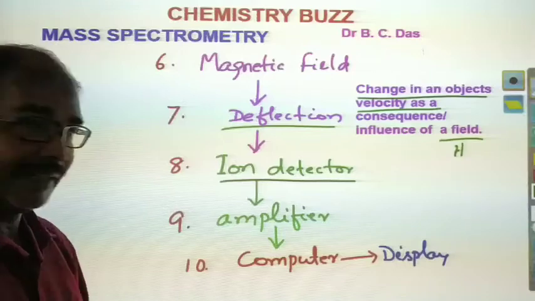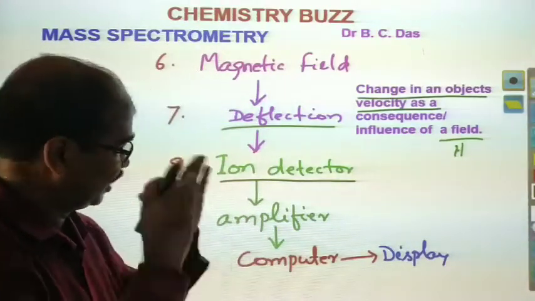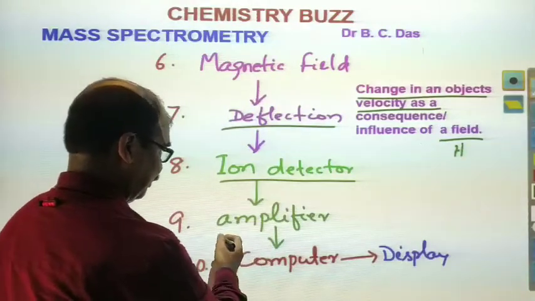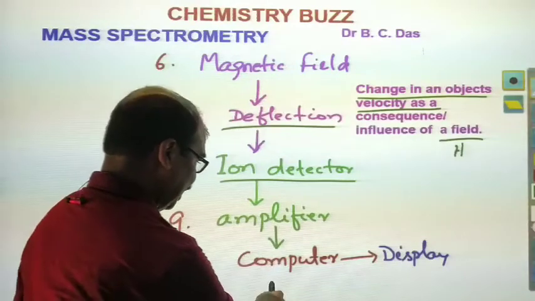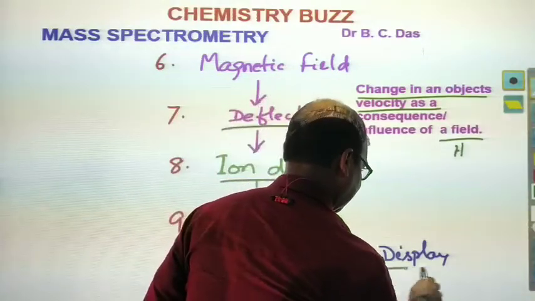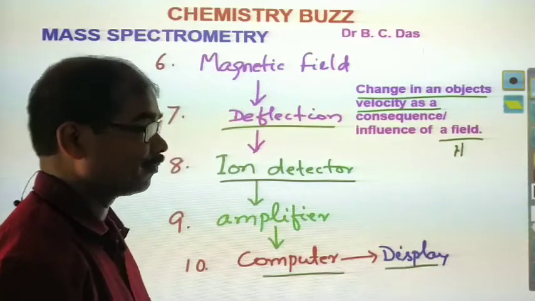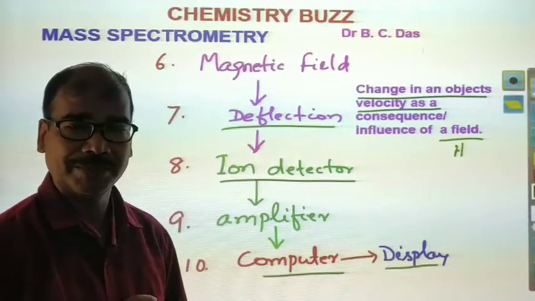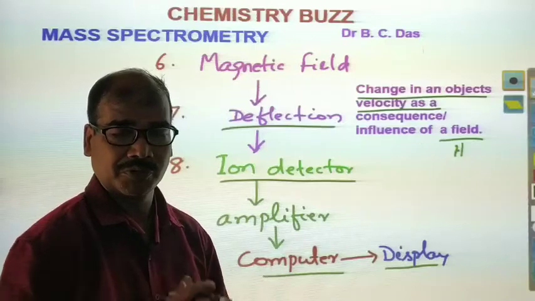The ion detector is a photomultiplier tube which detects the ions. Then it feeds to the amplifier, and the amplifier is connected to a computer, and finally the graph is displayed. So this is the step by step procedure of the instrumentation.